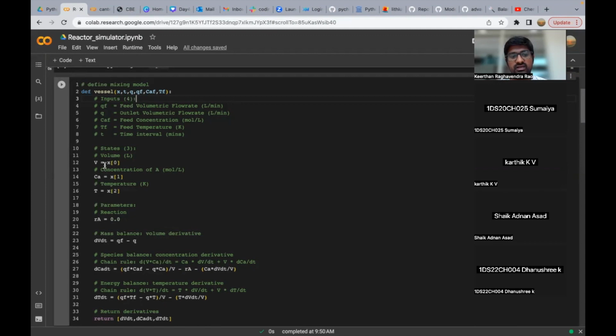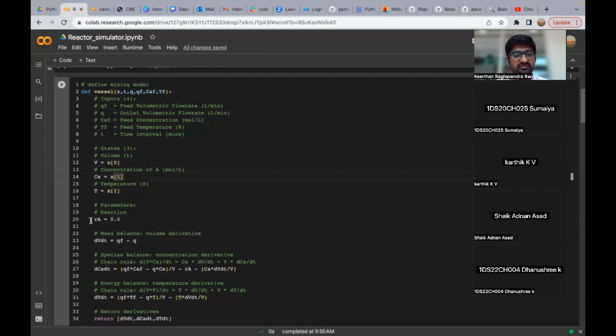We're storing these 3 states in a list called X, and you can see that this vessel definition requires that argument. We will pass in at position 0 the volume, at position 1 the concentration, and at position 2 the temperature. This is actually index and not position.